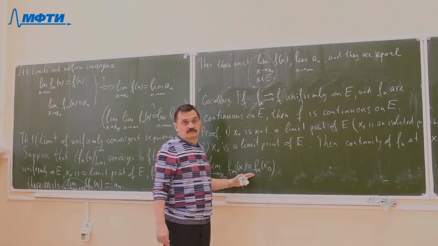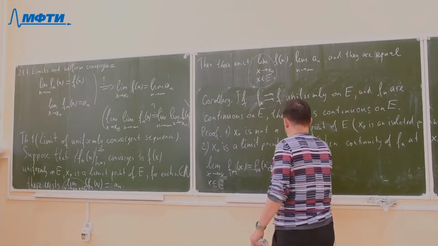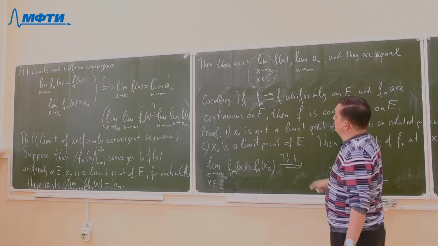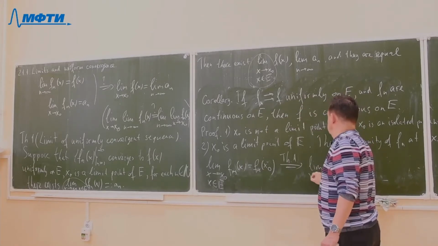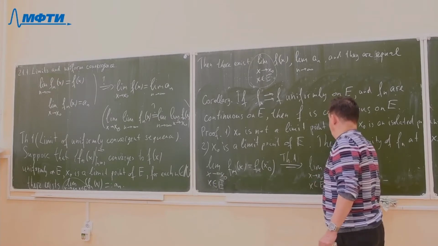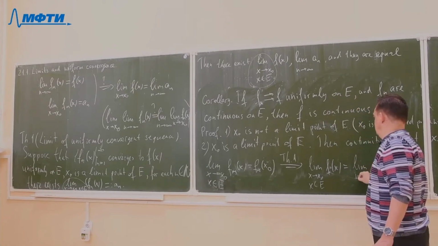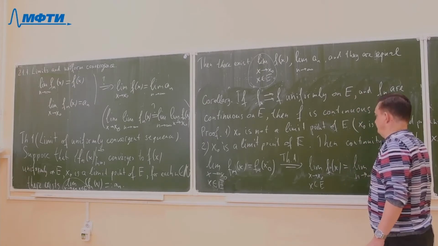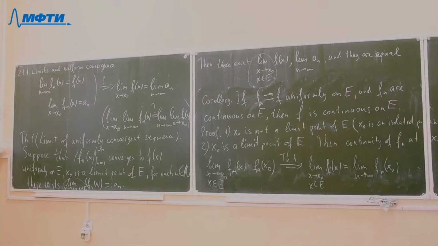So by theorem 1, we deduce that the limit as x tends to x naught, x in E, of f of x equals the limit as n tends to infinity of fn at x naught. And we know the sequence fn converges to f, right?